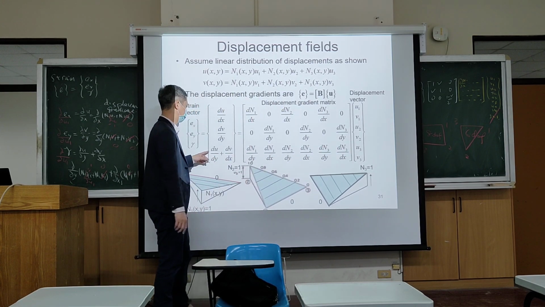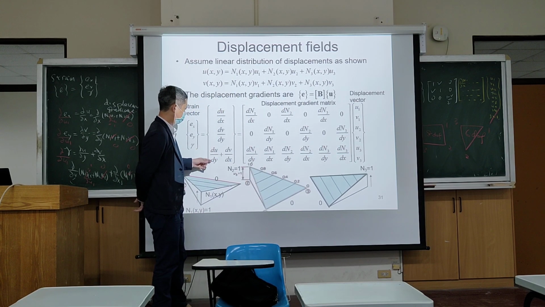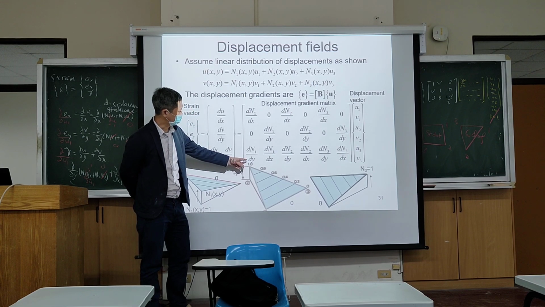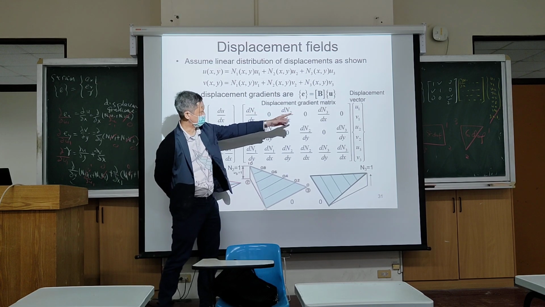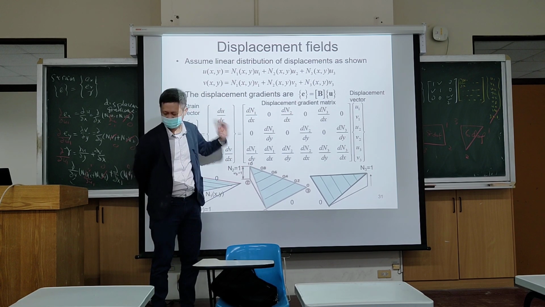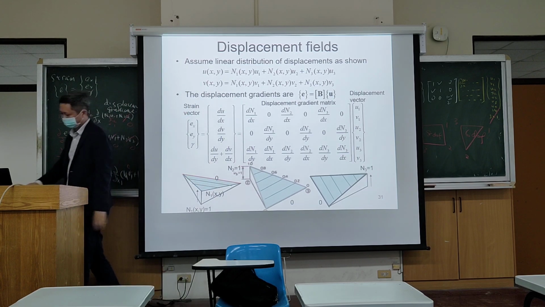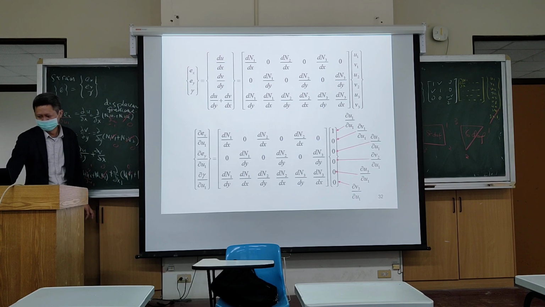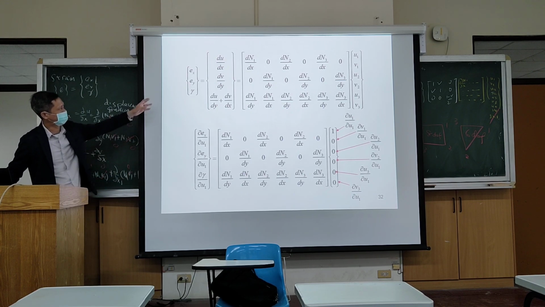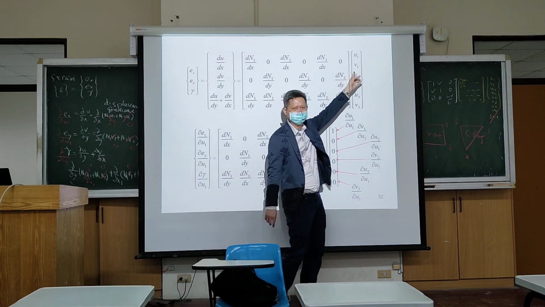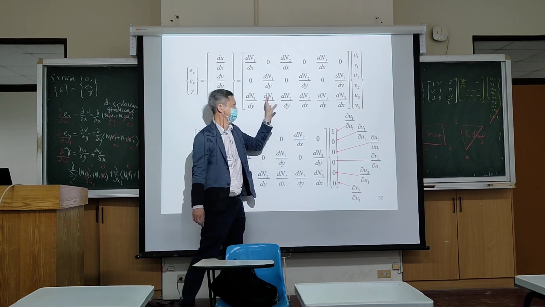This shear strain is obtained from del u del y plus del v del x. So each degree of freedom of displacement will have contributions. But you can go and do the configuration. Okay, finally, now I have my strain in terms of my displacement.